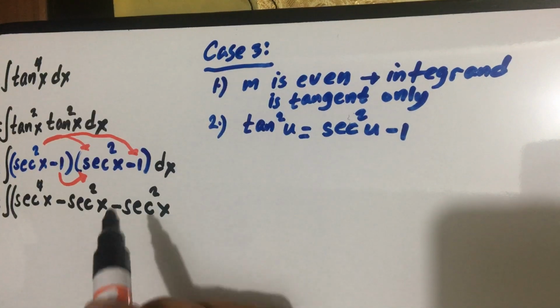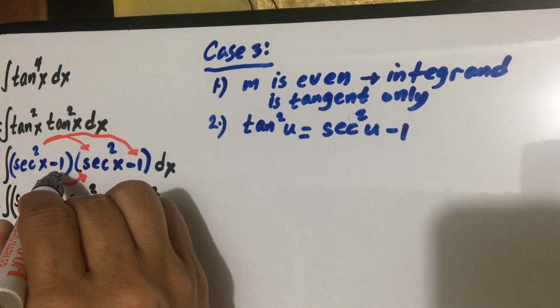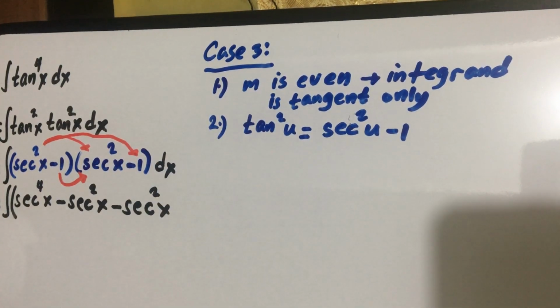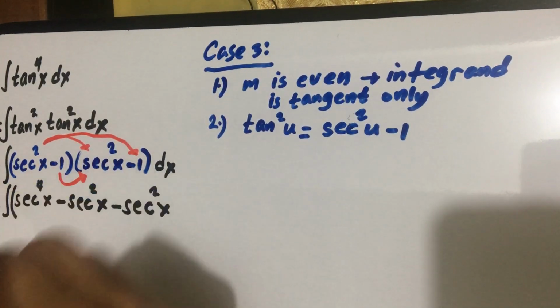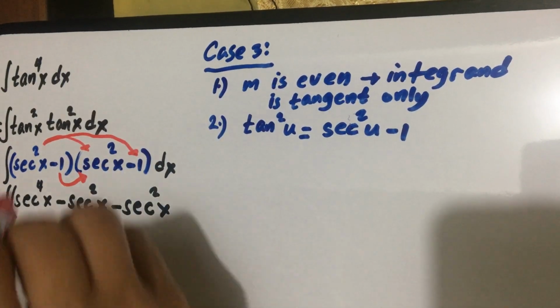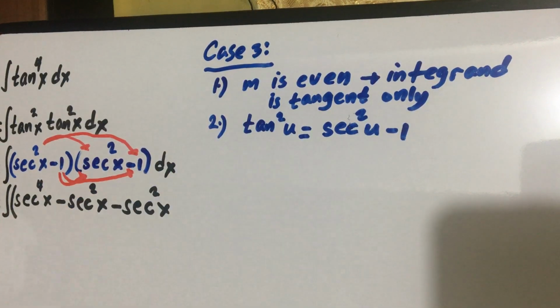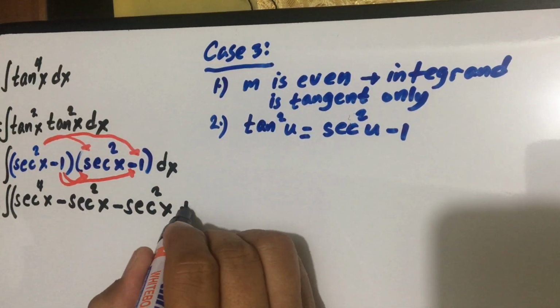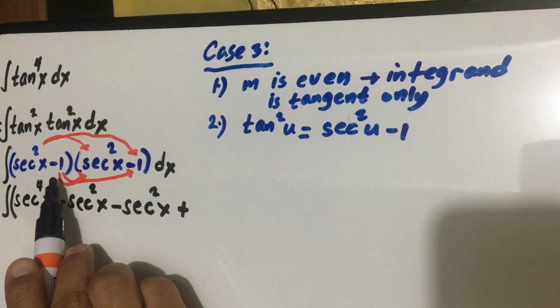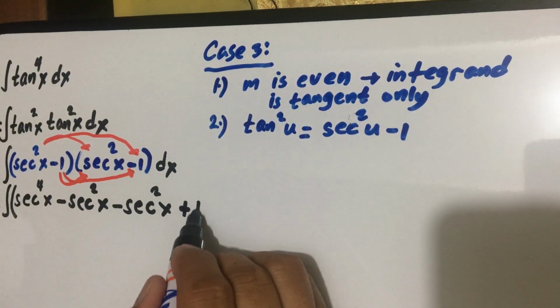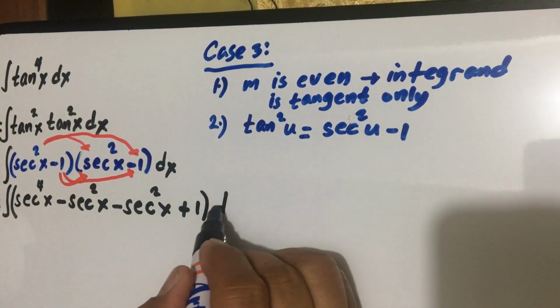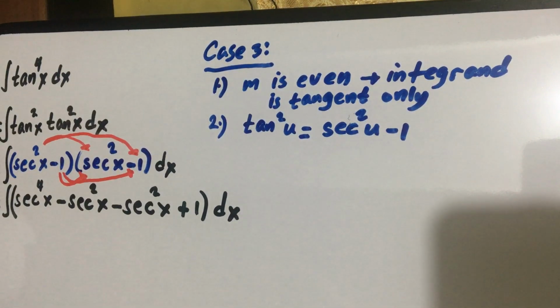Then we have the second term and the second term, so minus times minus is plus, so negative 1 times negative 1 is positive 1, multiplied by dx.